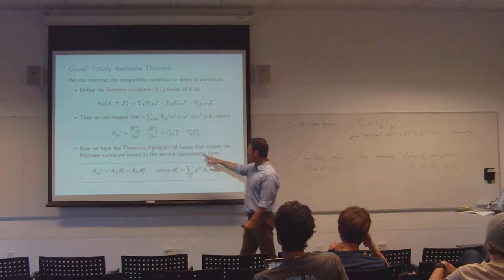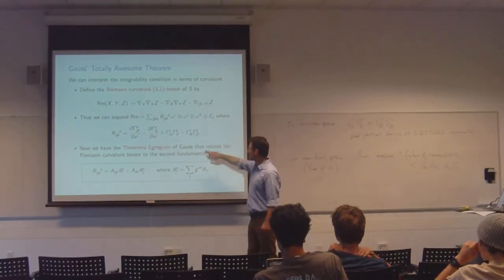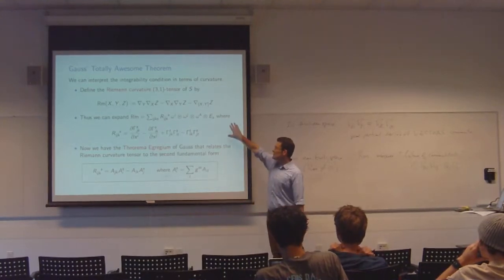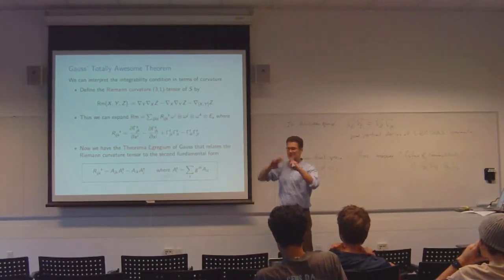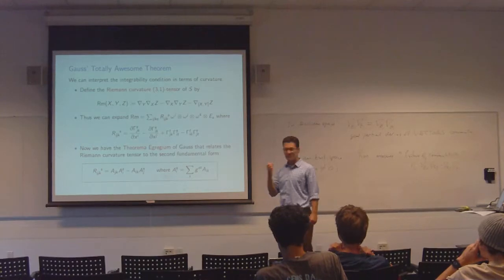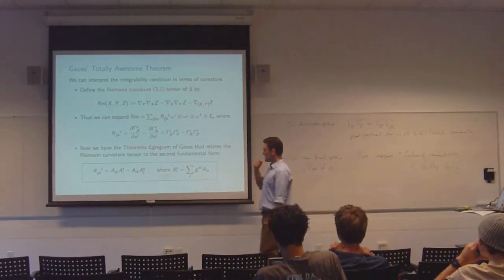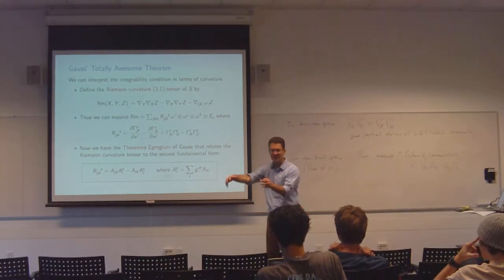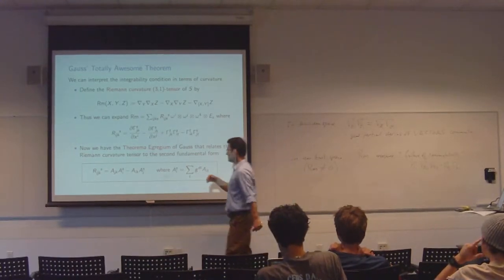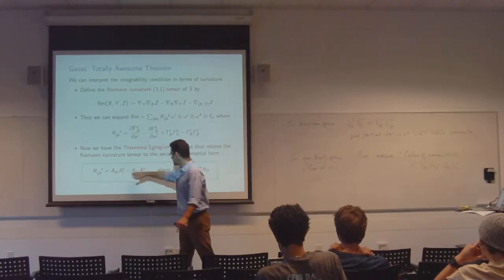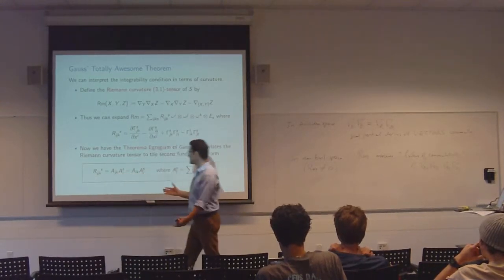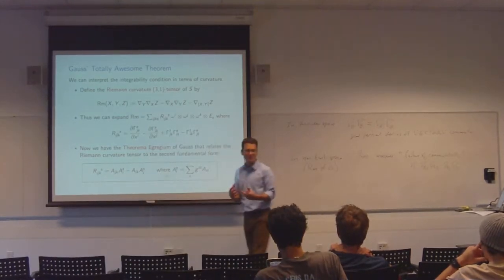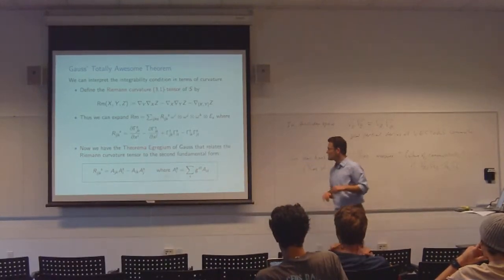In any case, the theorema egregium, or the totally awesome theorem of Gauss, is a relationship between this Riemann curvature tensor, which is defined in terms of integrability conditions, something pretty abstract, and something very concrete, namely the second fundamental form, which is good old-fashioned, put your hands on it, curvature. This is very geometric. The left-hand side is the curvature tensor, the abstract thing. The right-hand side is something very geometric. It's the second fundamental form of the surface.